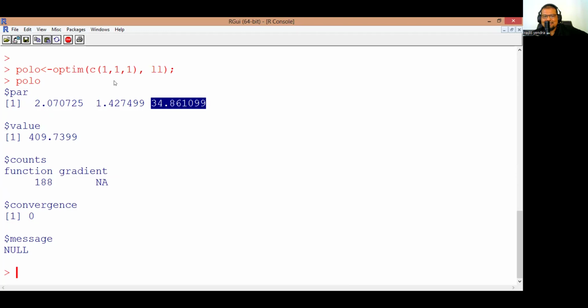Okay, after we succeed in estimating the parameters, we try to run the goodness of fit test using the density plot and the cumulative plot.